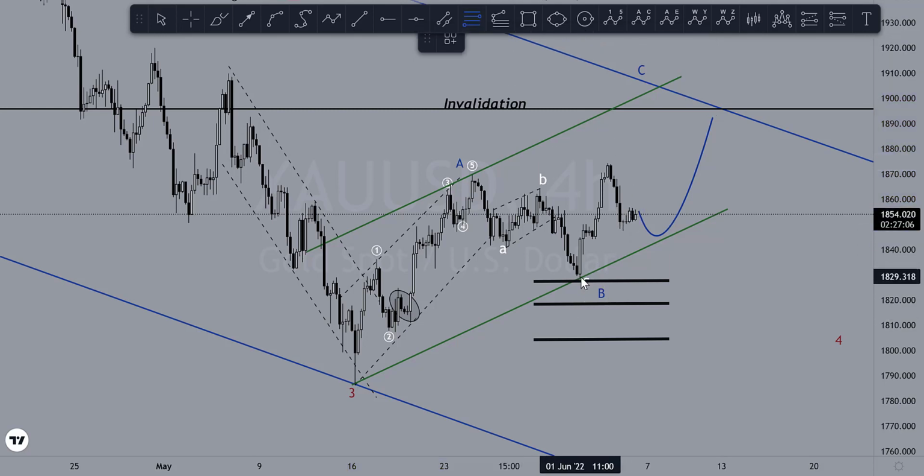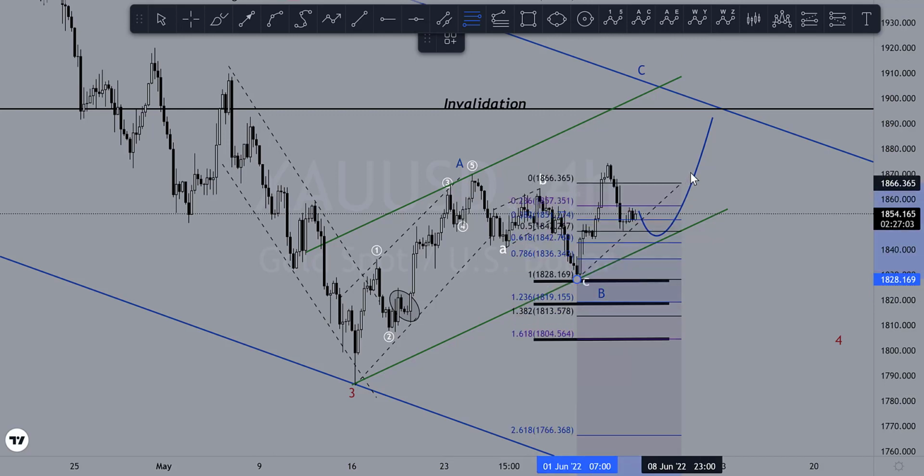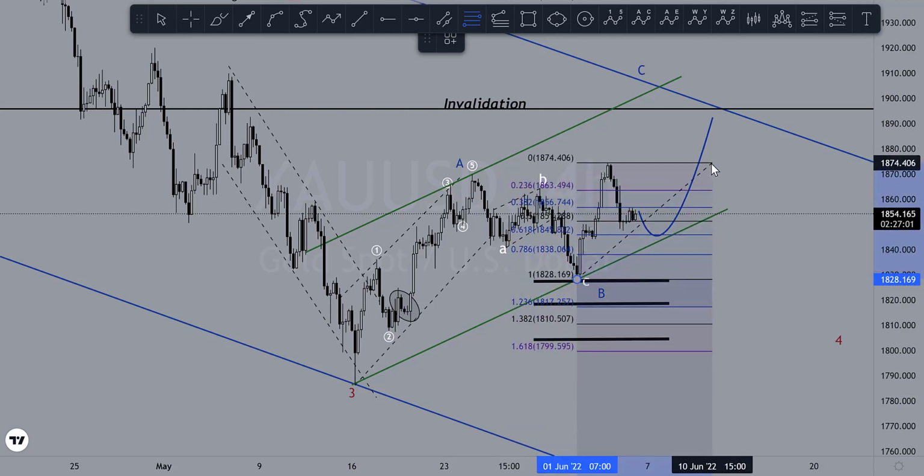Let's just do it together there. As you can see that this impulse is broken structure. So what I'm expecting is a retracement.